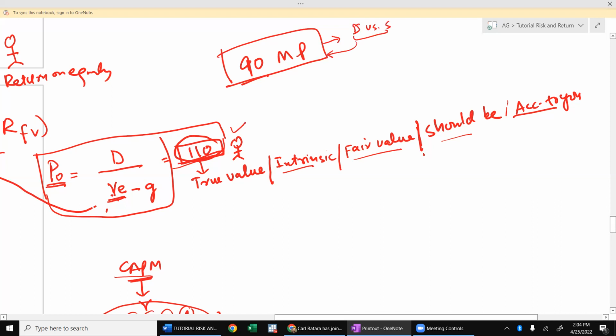But the price that you got through the formula, formula is very important, whatever you get through the formula should be right. So this is the price that should be for this stock, but in the market it is 90. May I ask you a question: if 110 should be the price, but in the market it is 90, is this stock undervalued or overvalued in the market?